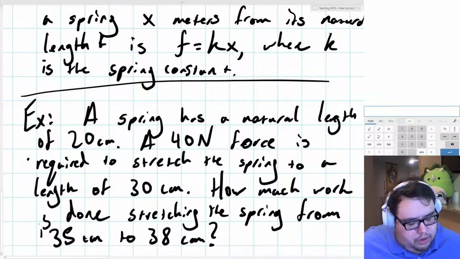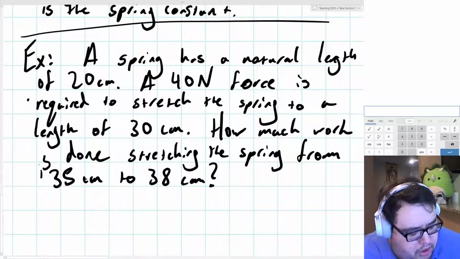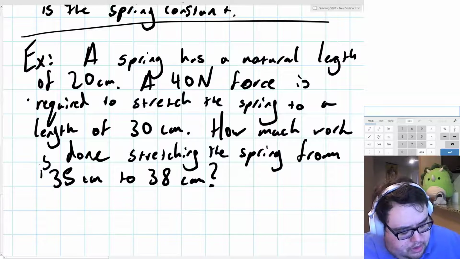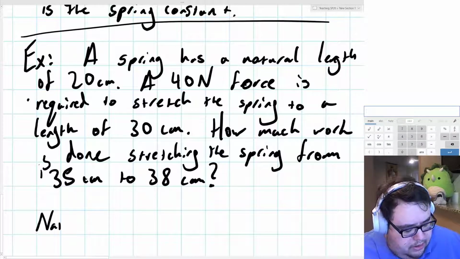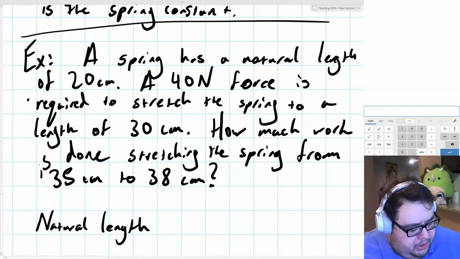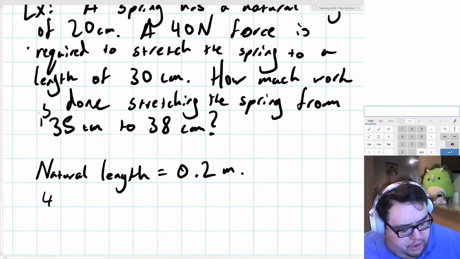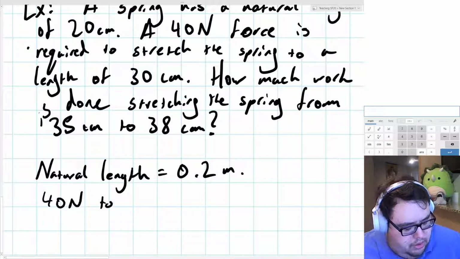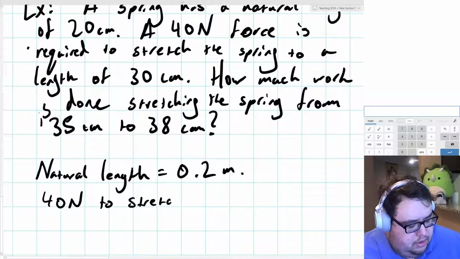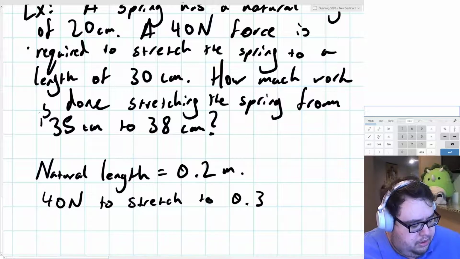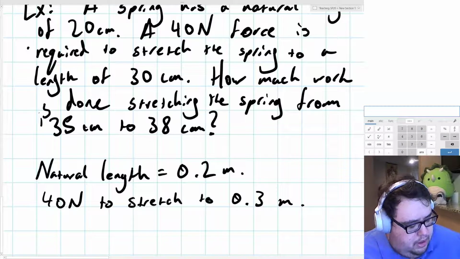So you do want to convert. I'm going to convert all of these numbers to meters. The natural length, or equilibrium, is 0.2 meters. It takes 40 newtons to stretch to 0.3 meters.